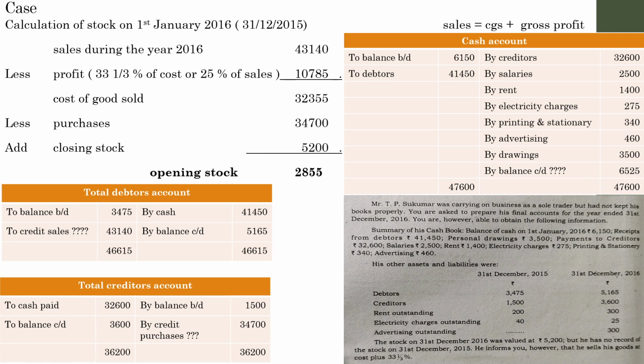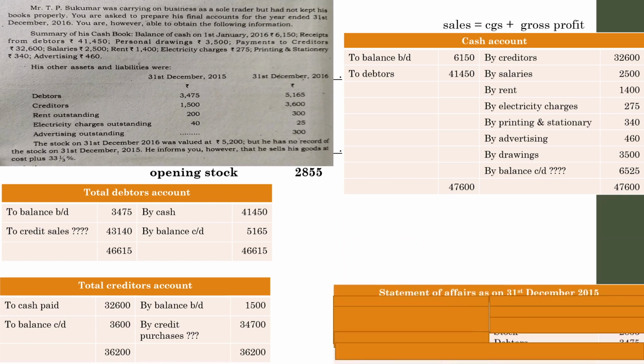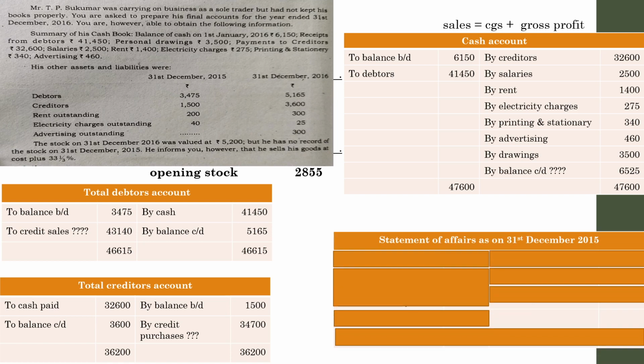And the next important statement, not an account, a statement you actually must prepare. That is the statement of affairs as on 31st December 2015, otherwise known as the opening statement of affairs, or in simple terms we can say opening balance sheet.